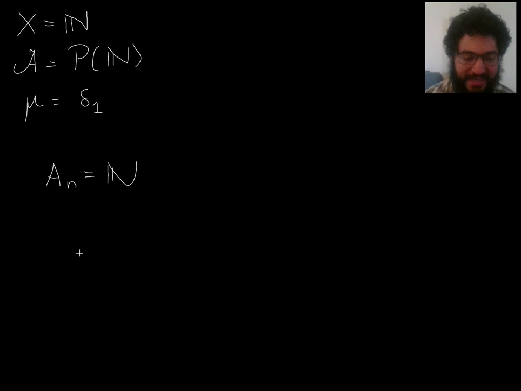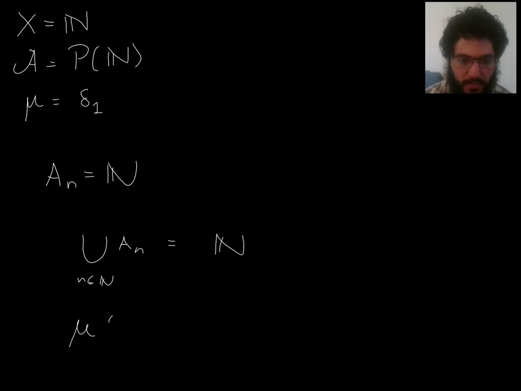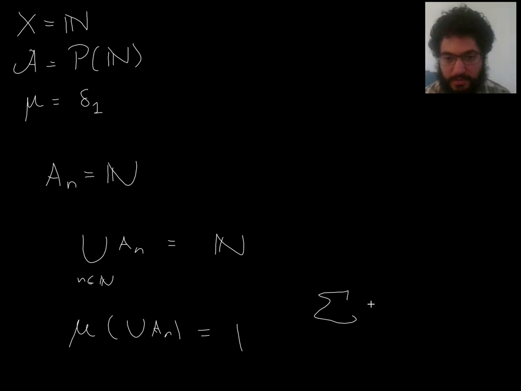Then the union of the A_n is this. So mu of the union of the A_n is 1. On the other hand, the series diverges, right? It's a sum of 1s.